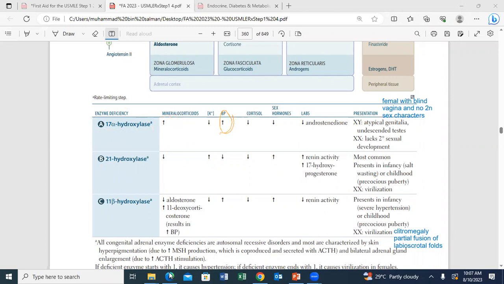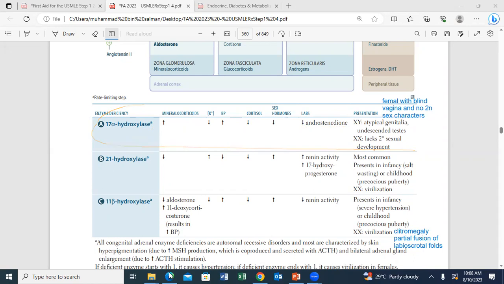And as I told you, aldosterone has a function of excreting potassium, that is why there is hypokalemia. And since there is a deficiency of 17 alpha hydroxylase, there will be decreased sex hormones and decreased cortisol. Decreased sex hormone definitely means decreased androstenedione. So these are the details of 17 alpha hydroxylase.